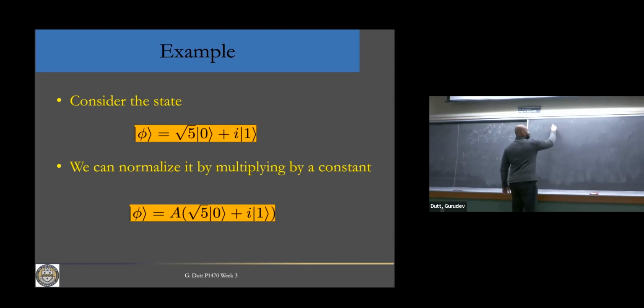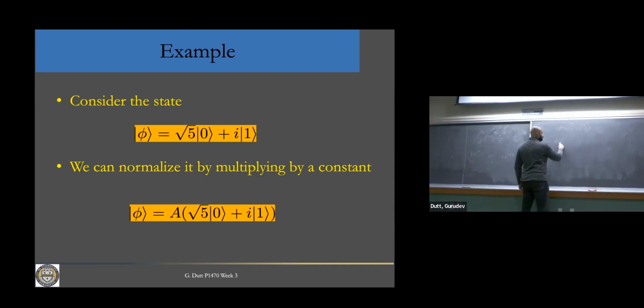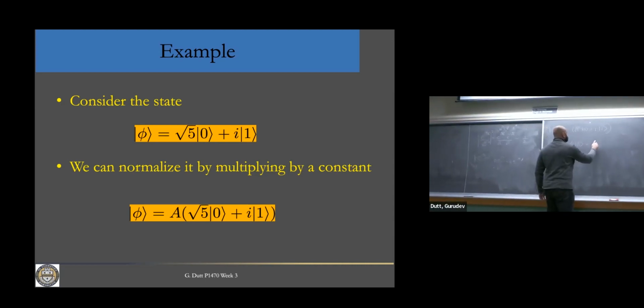Phi was written as square root 5 times 0 plus I times 1. Now to normalize it, I want to write the state psi, which is a real qubit state, as A times phi.